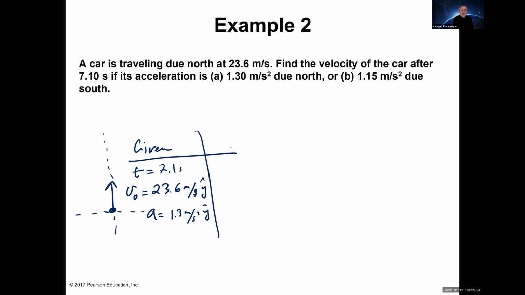What we want to find is the velocity for part A under these conditions: starting with 23.6 meters per second north, traveling for 7.1 seconds with this acceleration, also north, what will be the final velocity? That means the final velocity is unknown.